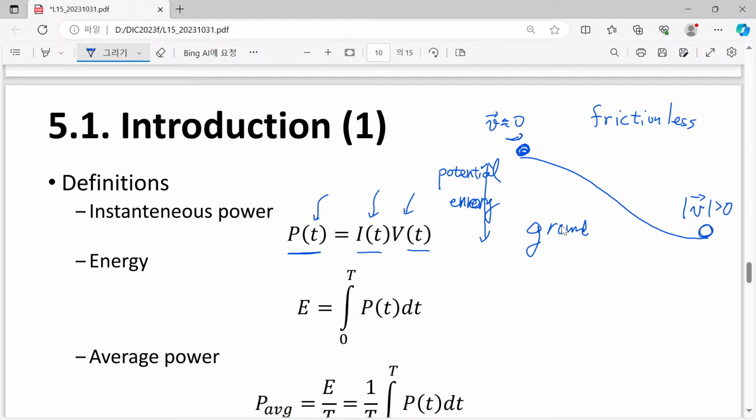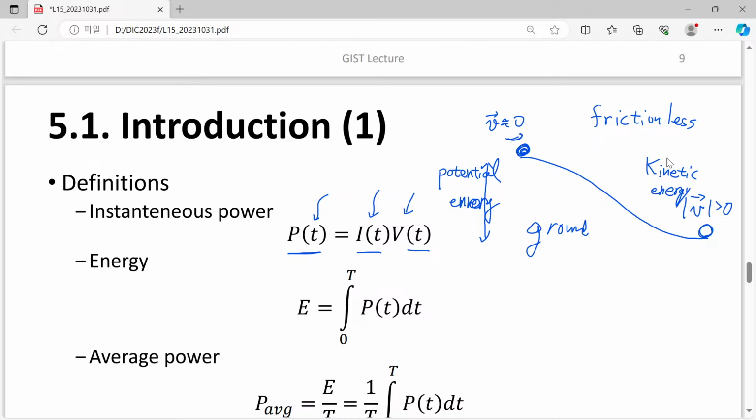So you understand the conversion from potential energy to kinetic energy. When I ask you whether the total energy is reduced or not for this ball, you can say that although it is converted from potential to kinetic energy, the total energy seems to be preserved. So are you with me?